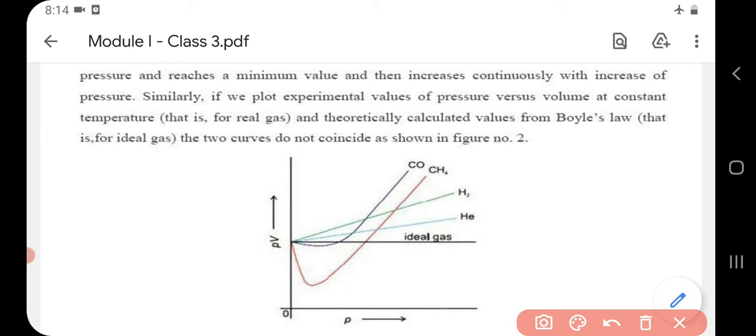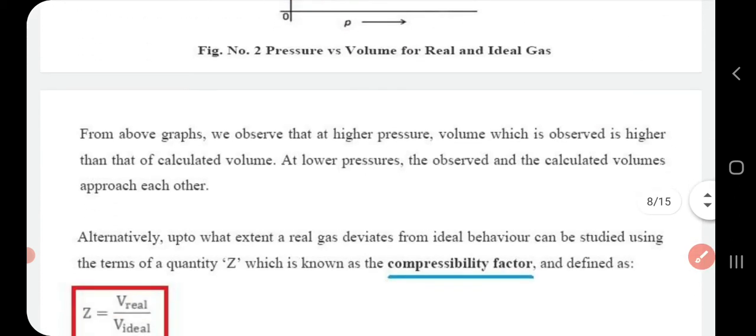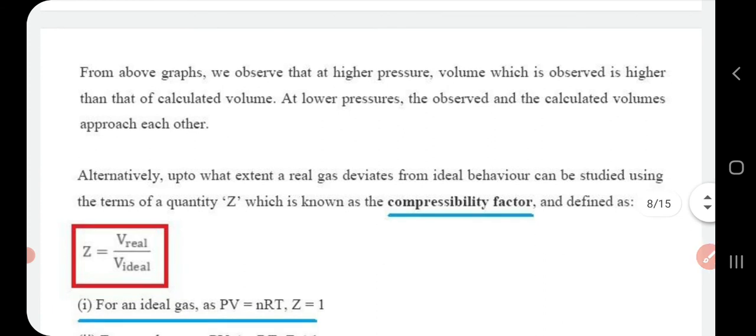Similarly, if we plot experimental values of pressure versus volume at constant temperature and theoretically calculated values from Boyle's law, the two curves do not coincide. It is also clear that no curve is coinciding; they are all independent of each other. From the above graphs, we observe that at high pressure, the observed volume is higher than the calculated volume, whereas at low pressure, the observed and calculated volumes approach each other.